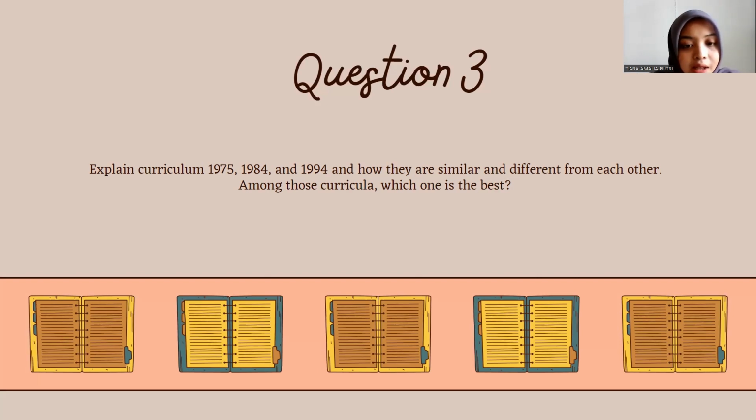Next is emphasis on workforce skills. Both the 1984 and 1994 curricula recognize the importance of vocational and practical skills in preparing students for the workforce. Next is flexibility. The 1994 curriculum introduced greater flexibility, allowing schools more autonomy in designing their educational programs.